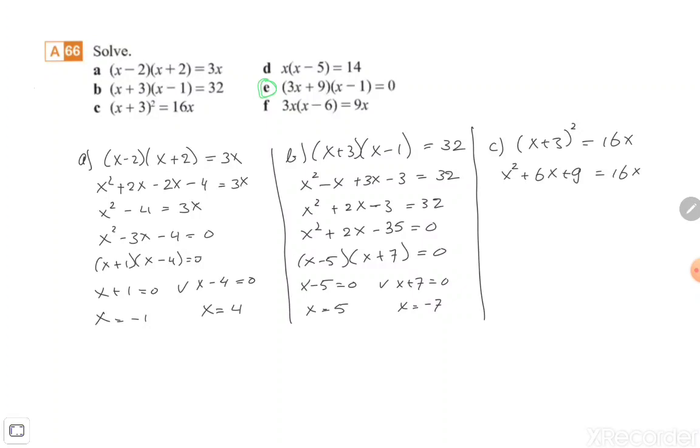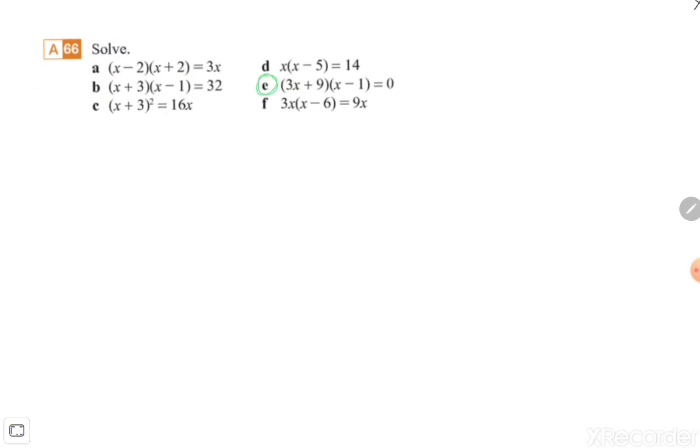So subtract 16x on both sides, then you get x squared minus 10x plus 9 is equal to 0. So (x minus 1) and (x minus 9) is equal to 0. So x minus 1 is 0, or x minus 9 is 0. So x is 1 or x is 9. And those are the solutions from exercise C. And exercise D.